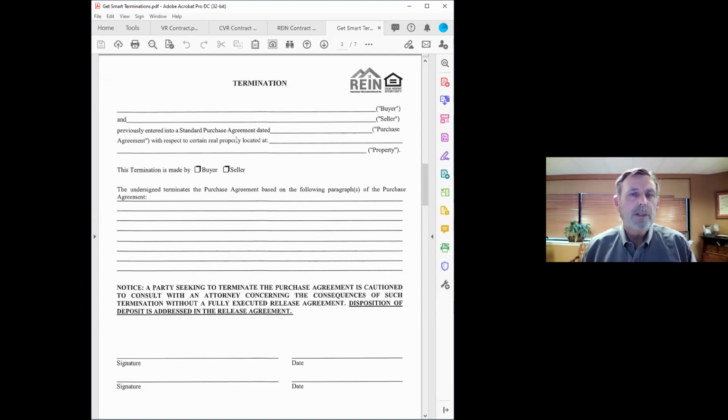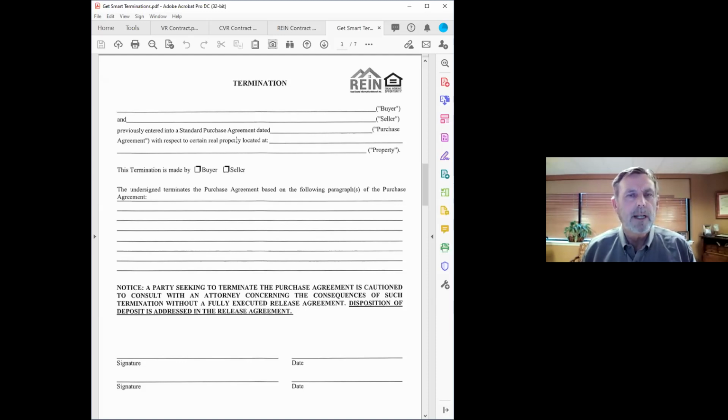And then, of course, the other thing is, it depends on how much the deposit is. So the risk is, nobody's doing anything intentionally wrong, but we misinterpret the law, the contract, whatever, and we get sued for the deposit, and we're at risk of that. Well, part of it depends on how big the deposit is.